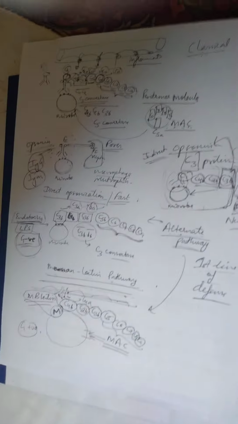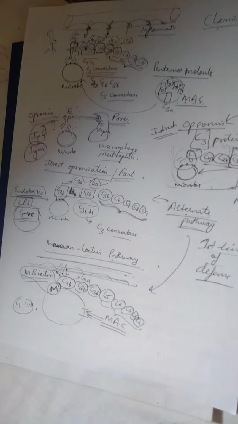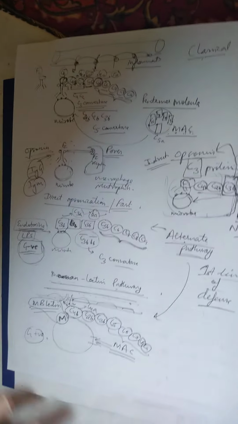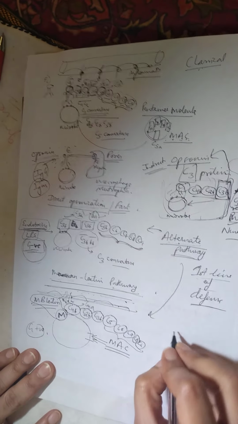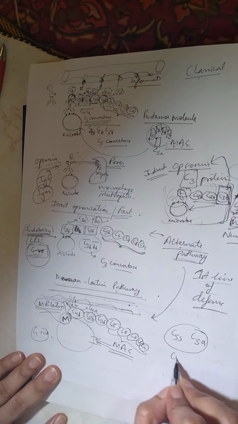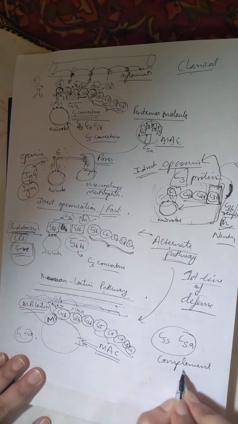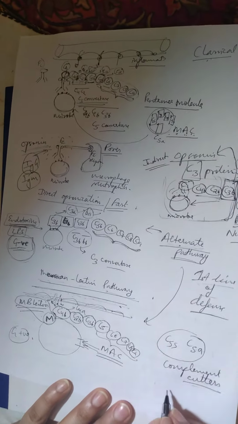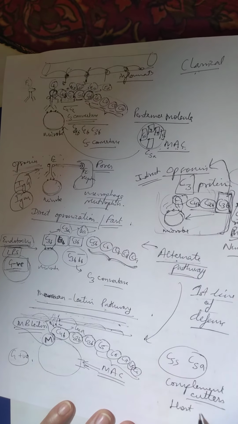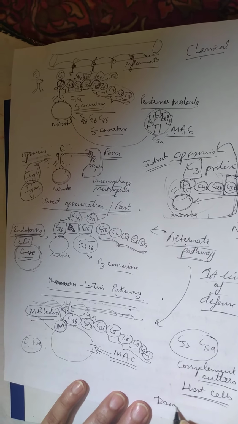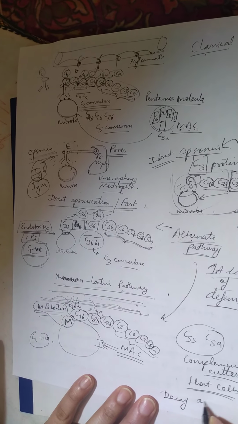Now we can have a question here: why are our host cells not being attacked by these complement proteins, which are all the time circulating in our body, in the blood? Because there are some molecules which are the complement cutters. These will cut the complements if they are attacking our own host cell. These are the decay accelerators.